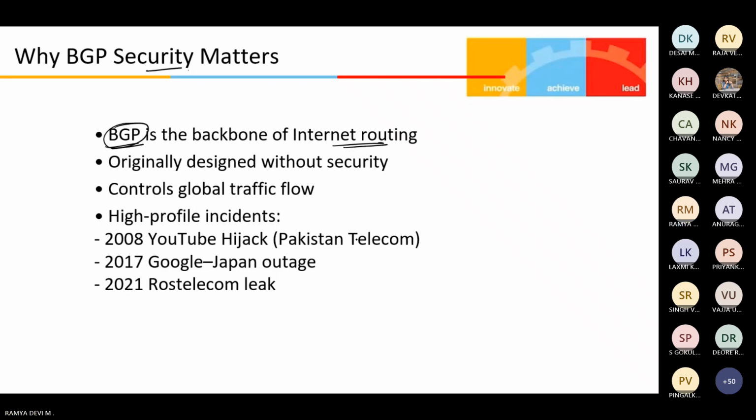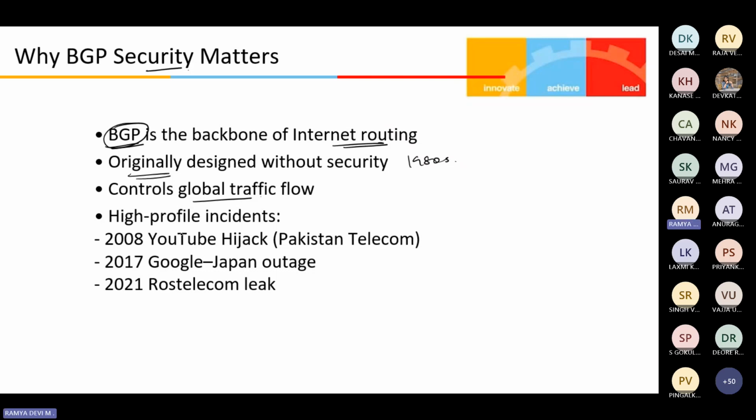It was also originally insecure by design. When it was created in the 1980s, trust between networks was assumed, so it lacks built-in authentication, verification, validation, encryption, and so on. So what is the impact?